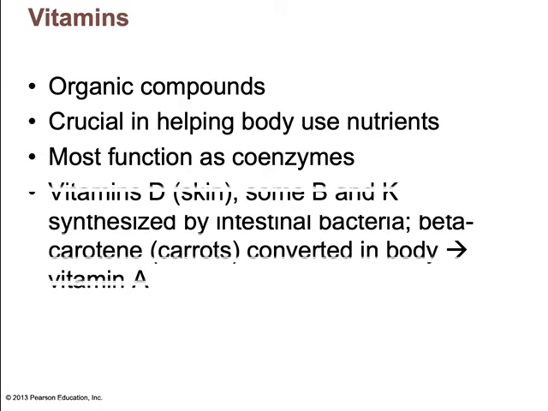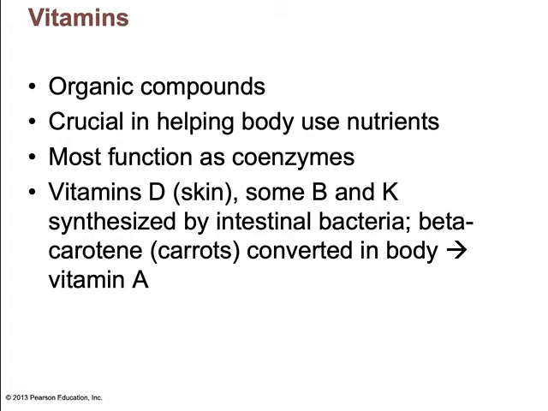Vitamins are organic compounds that function primarily to help enzymes carry out their chemical reactions. Vitamin D is synthesized in the skin along with help from the liver and the kidneys. B and K are made by our intestinal bacteria in our colon.